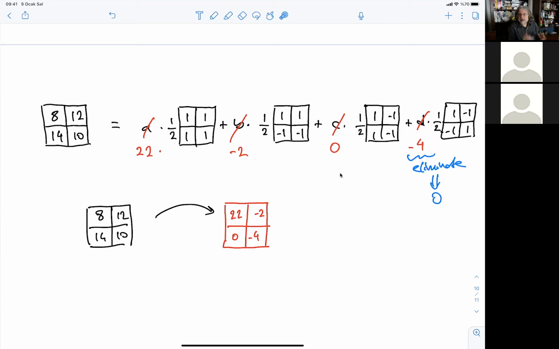That would be my reconstruction in that situation, for a compression of 4 to 3. So the input has size 4, the output now has size 3 because I eliminated one of them. So that's the compression ratio.